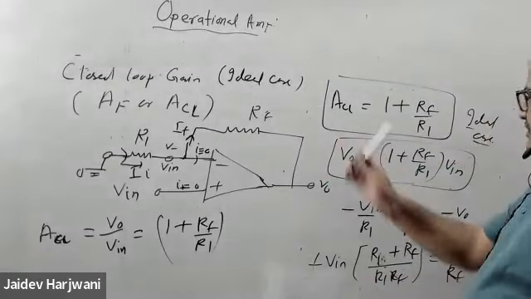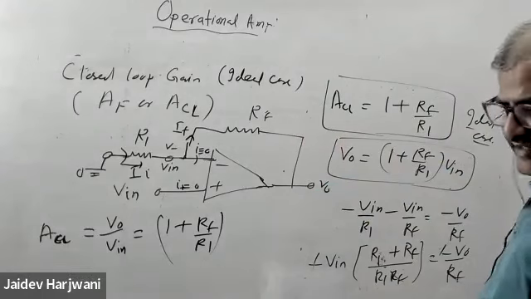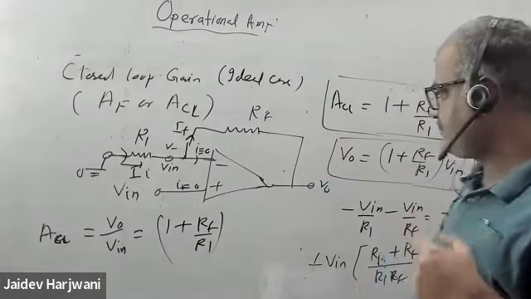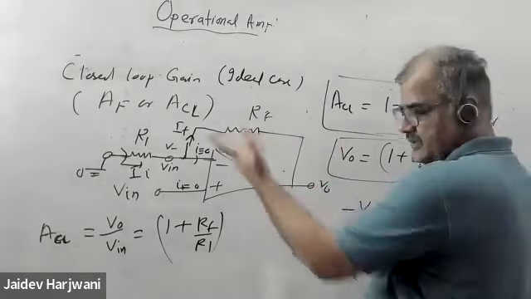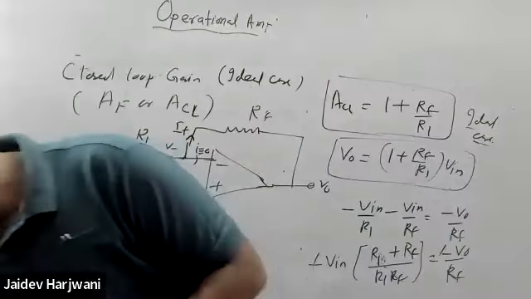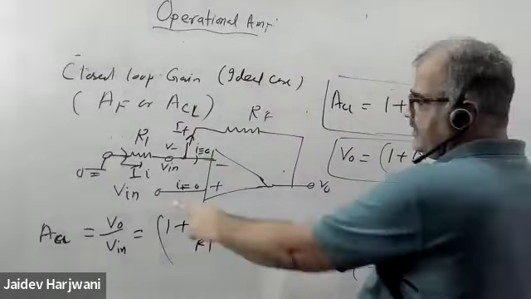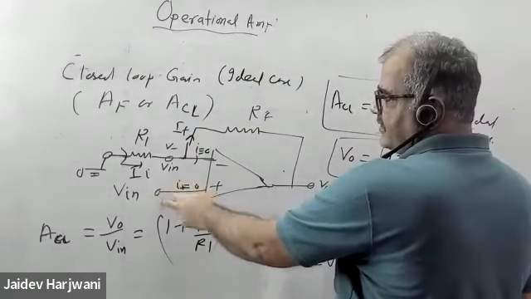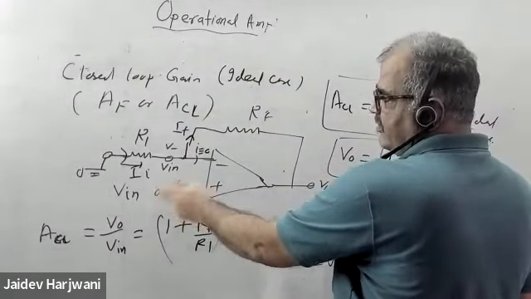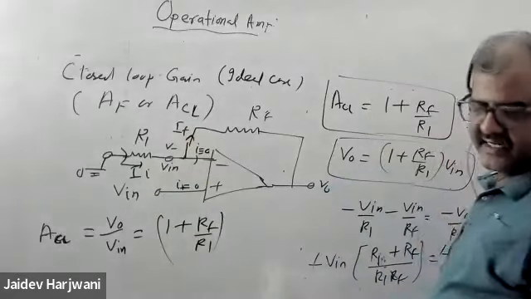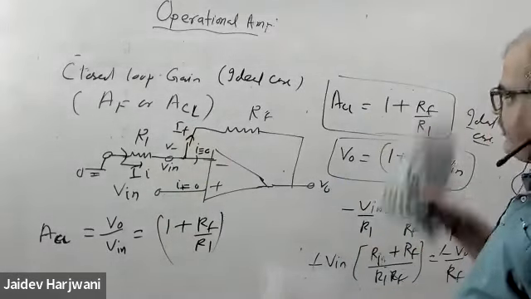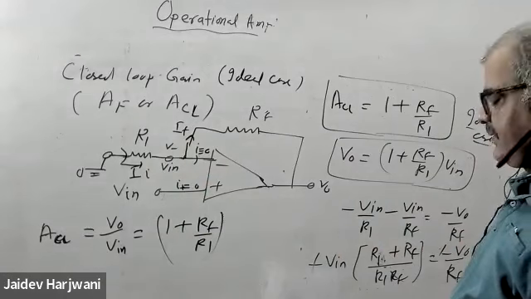So this is the gain for the ideal case. Now suppose it is not ideal, then what will happen? Then the voltages of these terminals will not be the same. For that case, we have to solve and calculate this closed loop gain.